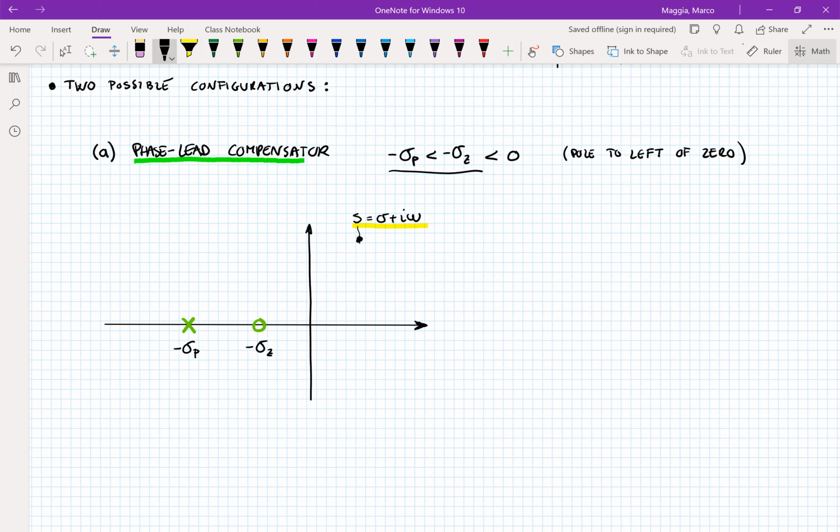If we are adding a lead compensator, we're going to see the angles that this generic point is making with the pole and the 0. The angle associated with the 0 we're going to call theta z, and the angle associated with the pole we're going to call theta p.